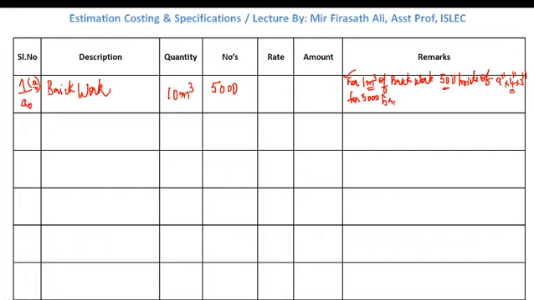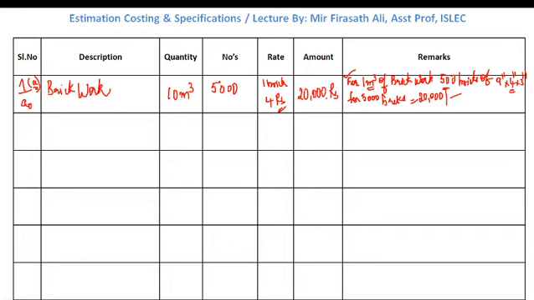So the rate of 1 brick will be 4 rupees. Again, 4 into 5,000 bricks, the amount will be the same, 20,000 rupees. This is nothing but the cost of our brickwork.